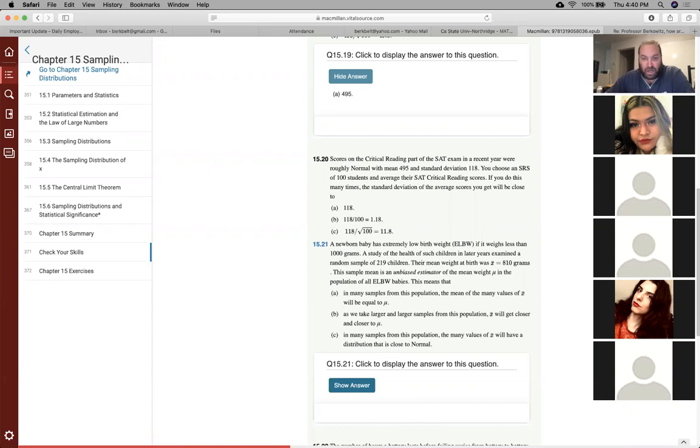What does it mean to be unbiased? It means that I expect the sample mean to give me a good approximation for the actual mean. That's what makes it unbiased. Let me give you a situation of a biased estimator so you can see the difference.